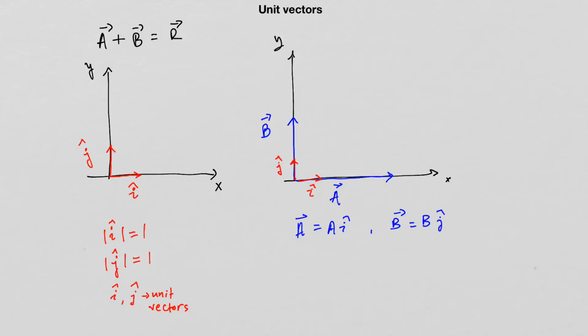And so then the resultant vector R can be rewritten as A times i hat plus B times j hat. Now this is known as the unit vector representation of a vector quantity.